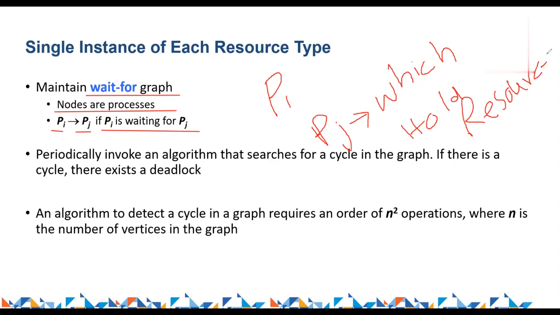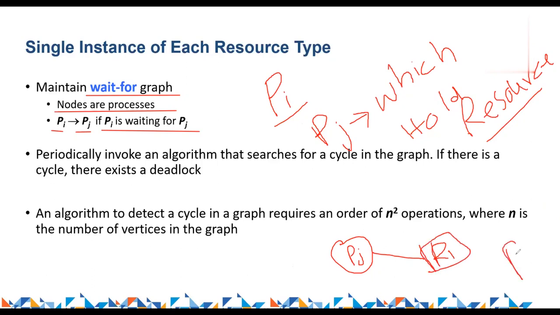Why are we using Pi and Pj? Because if we use P1 and P2, that will be kind of confusing. So instead of that, Pi and Pj mean any process. For example, let's suppose there is a resource. Here's a Pj. Pj is holding this R1. But here Pi, one Pi, another Pi, all of them are waiting.